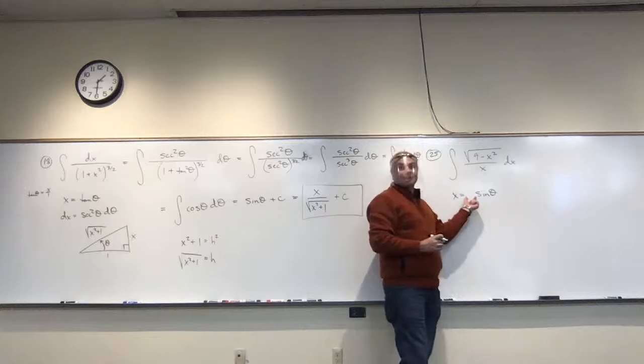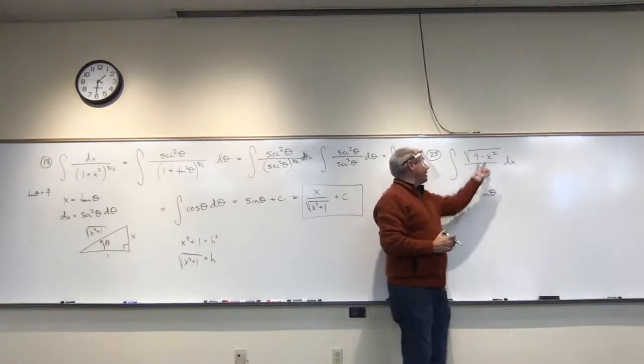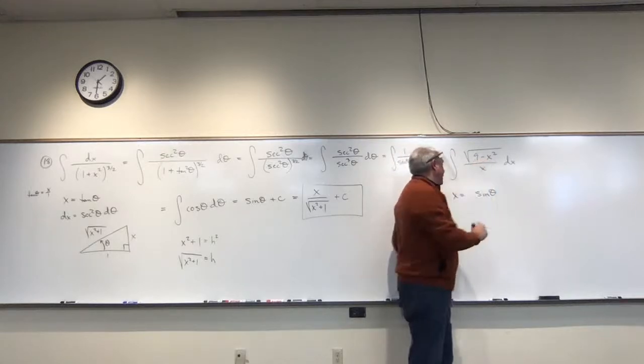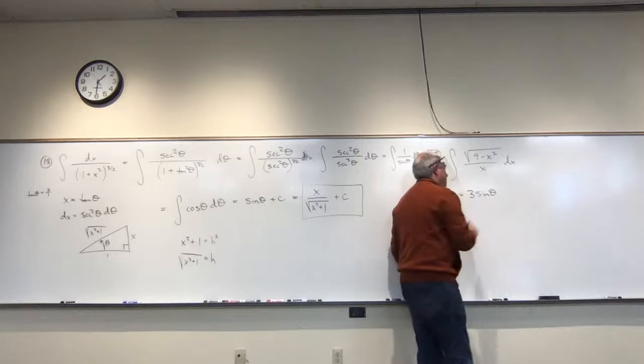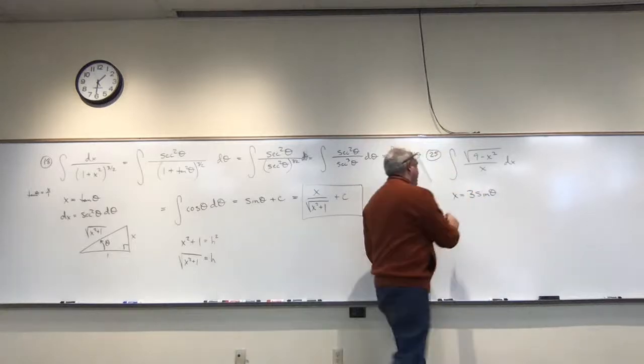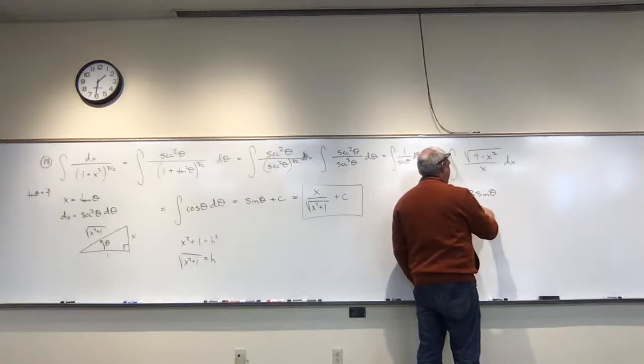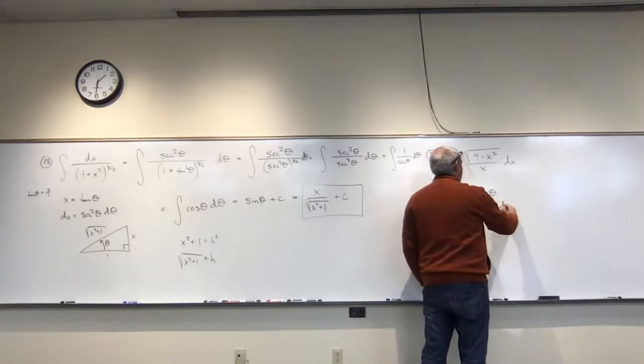And what do we need? We need a 3, so that when it's squared, I get a 9 to match the 9 I already have. So x is 3 sine theta, and now I get dx equal to 3 cosine theta d theta.